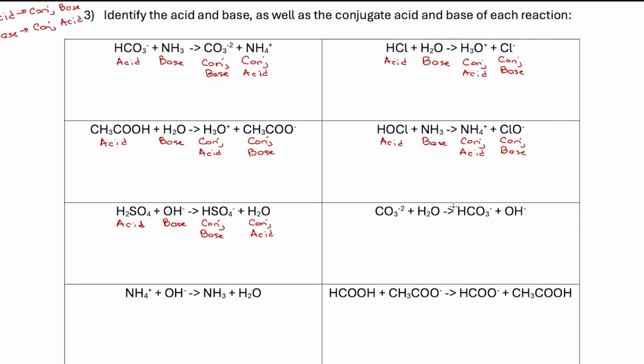acid. Now, CO3 2- becomes HCO3-, so we gained a proton, meaning I know that it's my base, and the end product needs to be your conjugate acid. And then H2O, we lost the proton, and so I know that it's my acid, and I know that the hydroxide is my conjugate base.